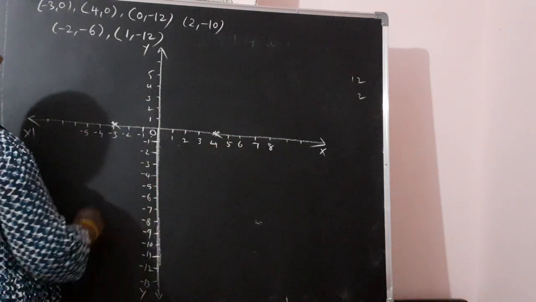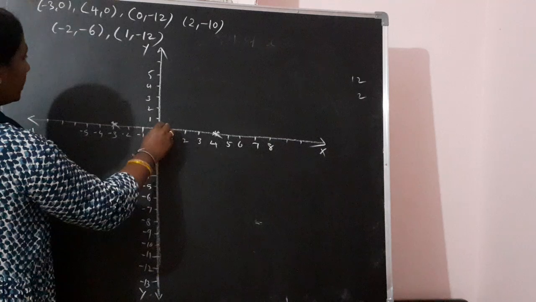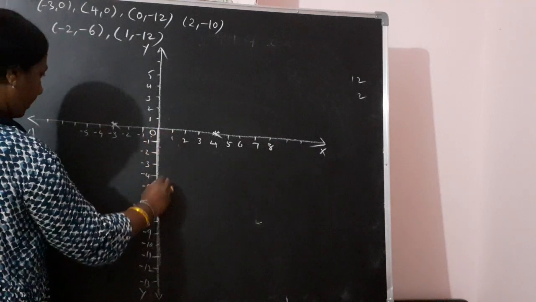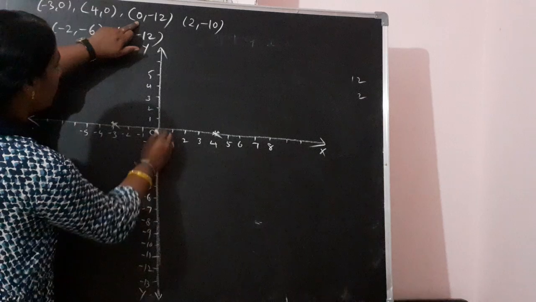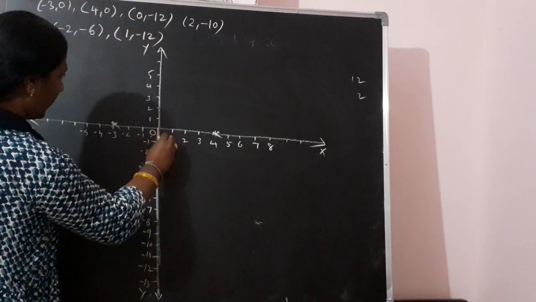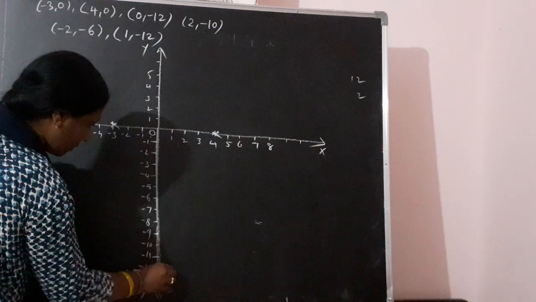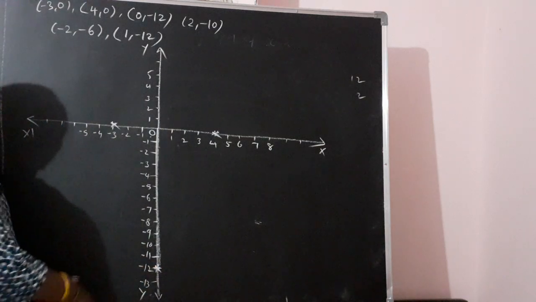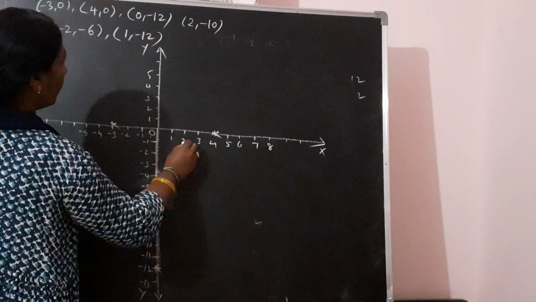Right? Next 0, -12. X is 0, y is -12. -12 means here. Okay, have you understood? X = 0, y = -12. Y = -12 means here. Next 2, -10. X is 2.